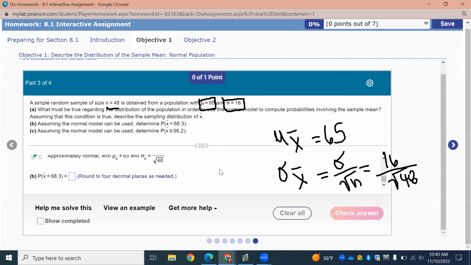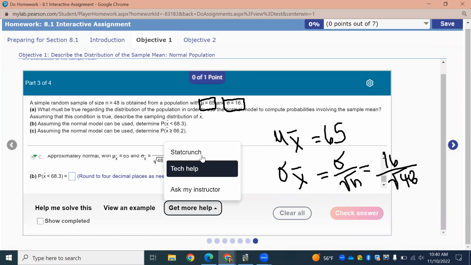So that looks good. Now, all of that comes down to this next problem, where it asks you to take that information and use it to find the probability. Okay, so it says, assuming the normal probability model can be used, which it can since the sample size is 48, determine the probability that the mean of the sampling distribution is less than 68.3.